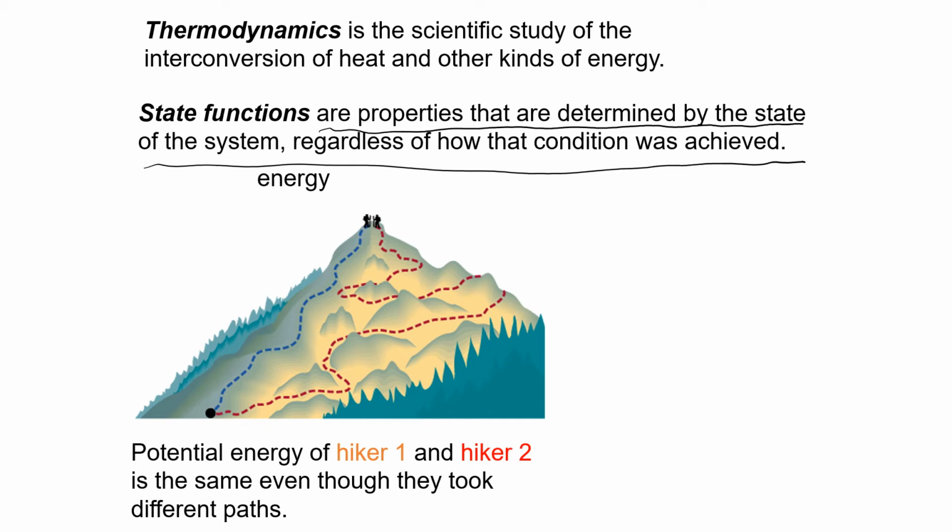Even though they took different paths, once they got there, they have the same potential energy. So it doesn't matter how one got to a particular state. It's based solely on the chemical or physical state or both at that particular time.